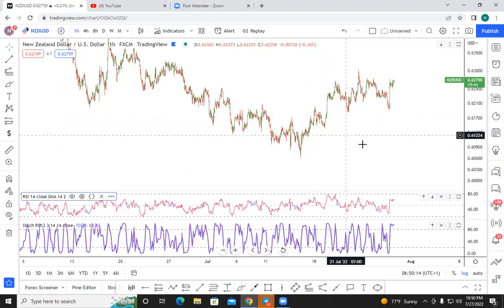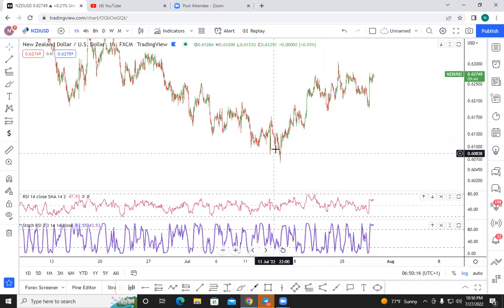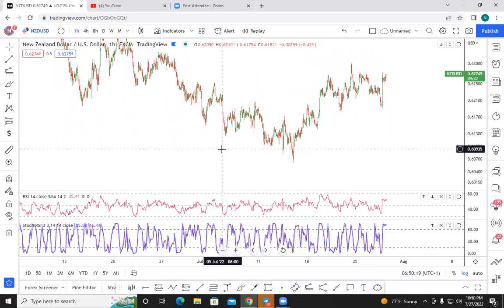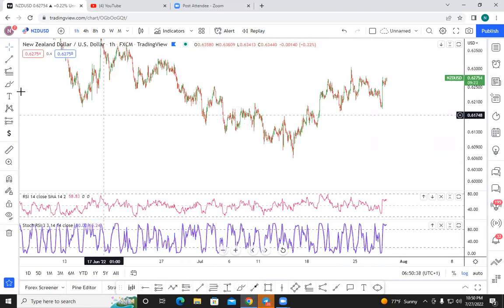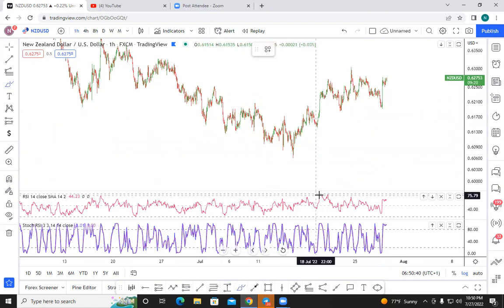So what is the use of RSI, guys? What do you use RSI to measure? Some guys were taught in the conventional method of trading that RSI is used to measure overbought and oversold in the market. No way. RSI is not used to measure overbought and oversold in the market. They tell you when RSI is at 80, sell. Let's test it. RSI is at 80 here. Look at it here.